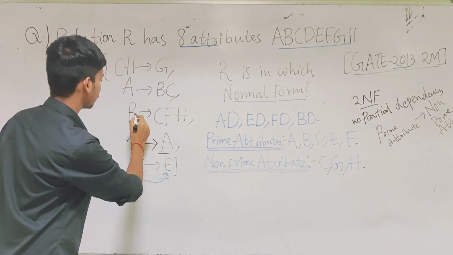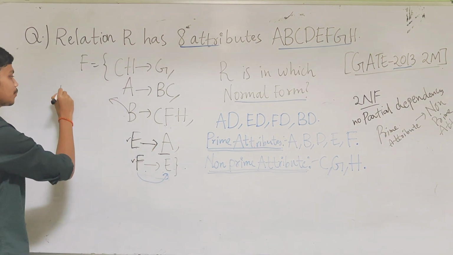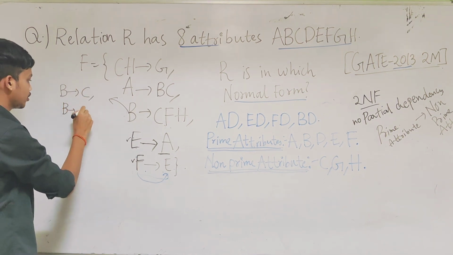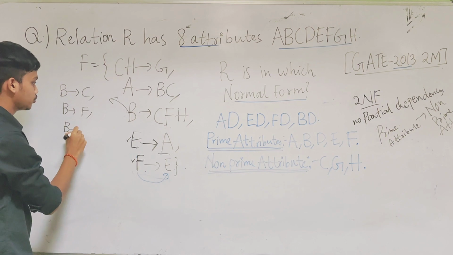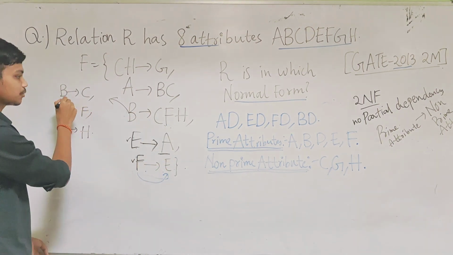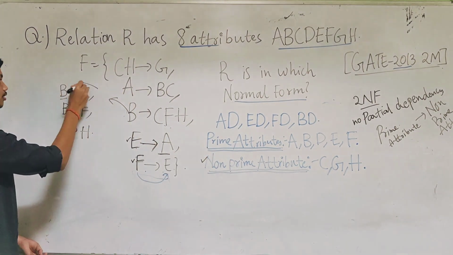Now I am doing this one. We can split this one into three parts. I am applying the decomposition rule here: B to C, B to F, B to G, B to H. This B is a prime attribute. What about C? C is non-prime. You look at here.